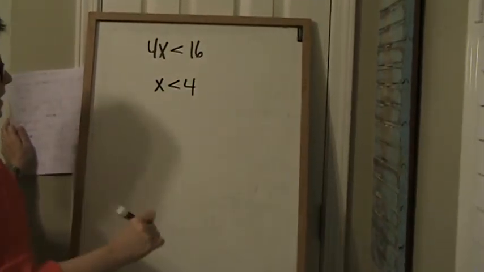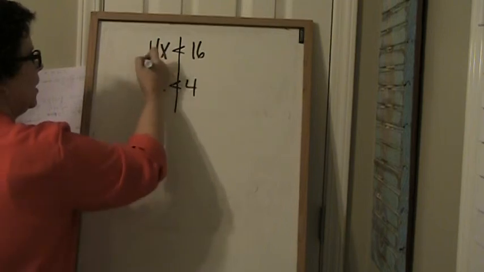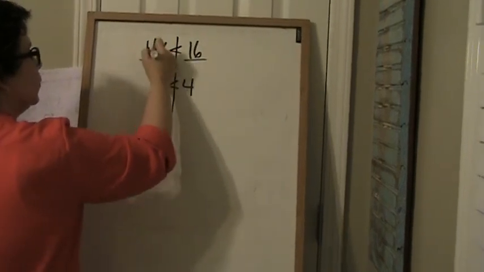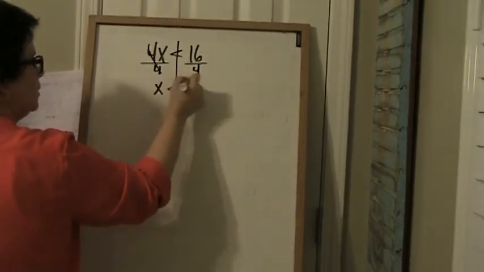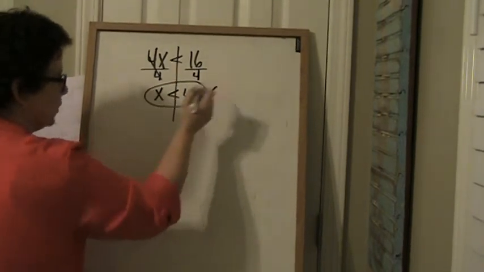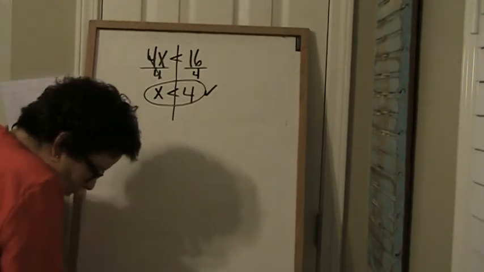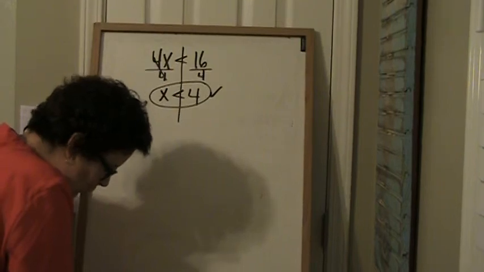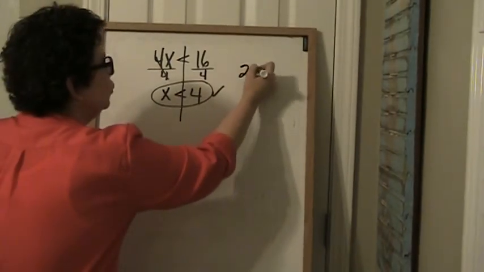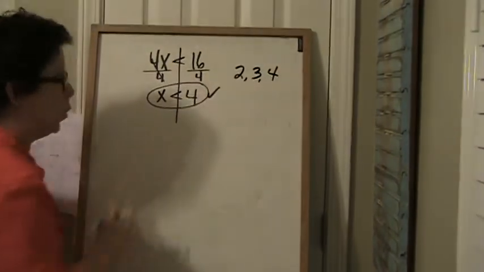Okay, I think that's right because if I divide by 4 and divide by 4, so this part so far is correct. Good job, Jennifer. And when asked for 3 possible answers, she listed 2, 3, and 4.